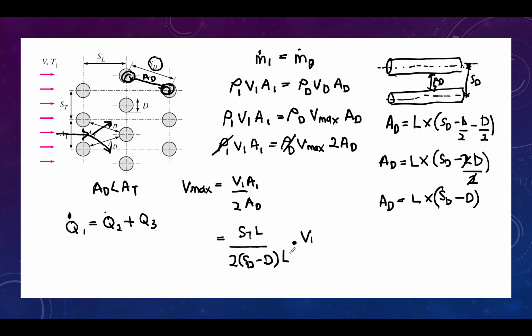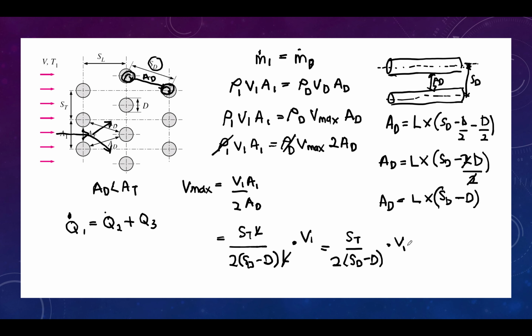So here we can cancel out length, and this equation becomes ST over 2 times SD minus D, times V1.